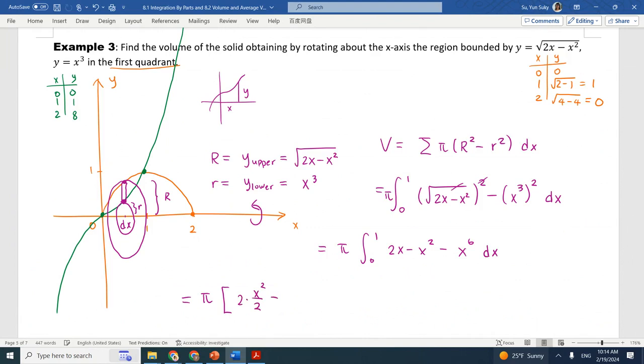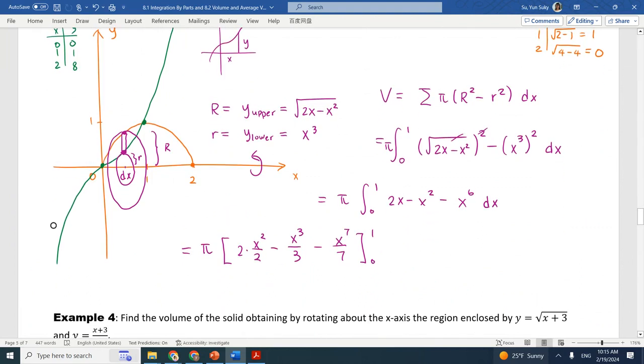How about the next term? X cubed over 3. The next term? X to the 7th. Yes, good. Right, everybody? So, yes, we integrate that.